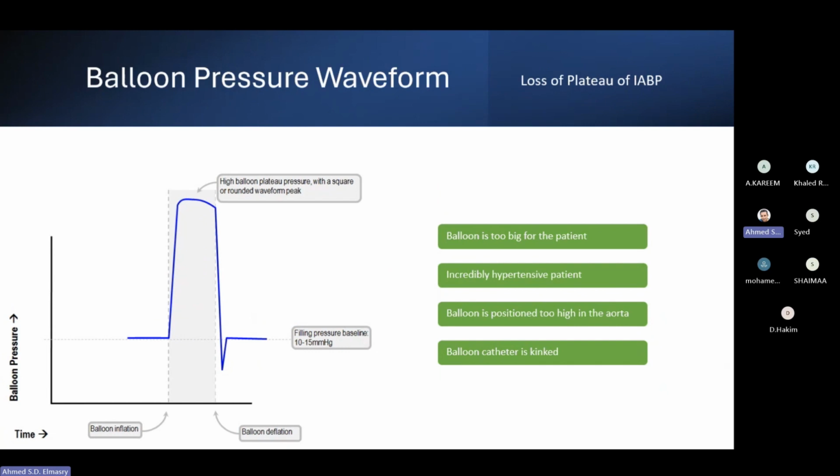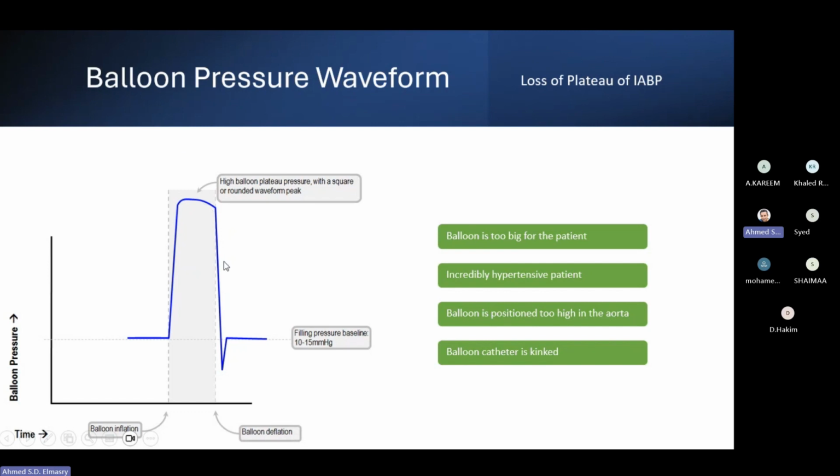And you might lose the plateau. So this is the inflation limb. You should have the inflation overshoot. If you have inflation overshooting, that means you are losing the plateau. So you lost the plateau. You should have the inflation overshoot, then you get the plateau.